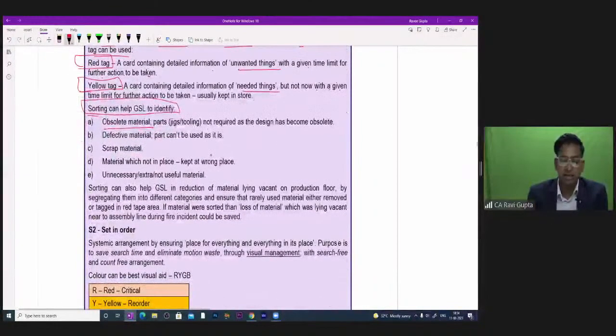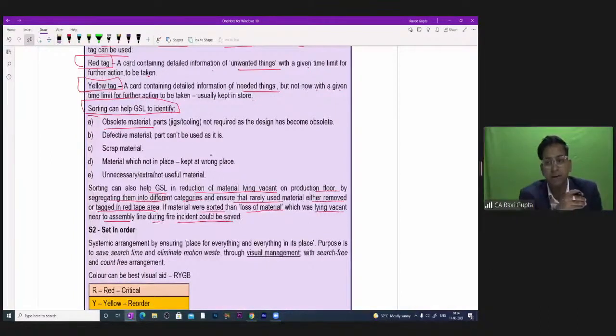Sorting can also help in reduction of the material lying vacant on the production floor by segregating it into different categories and ensuring that rarely used material is either removed or tagged in a red tag area. If the material had been sorted, then the loss of material lying on the assembly line during the fire incident could have been saved. So there was a loss of material. Why?